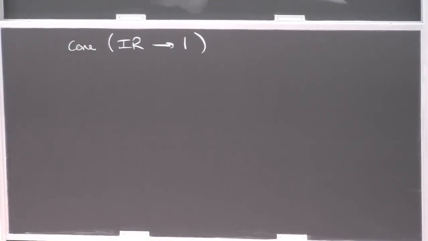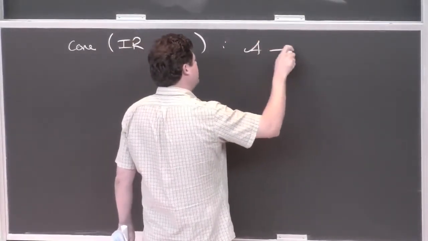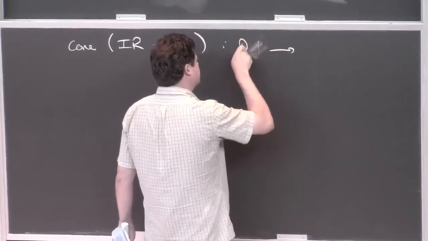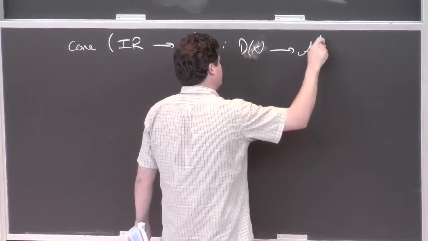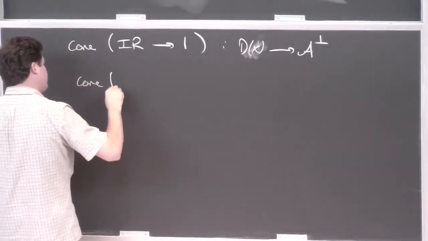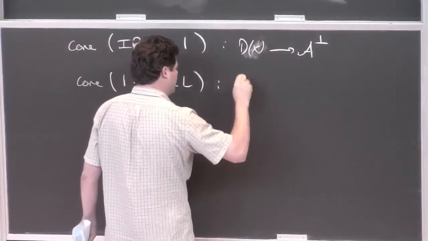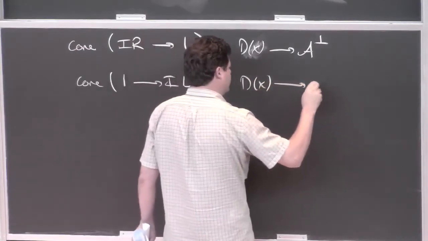It's obvious that it's well defined on every object, but it's not so obvious that a map between objects gives you a map. That's something special. But I claim it is a functor. And this projects from D of X into A perp. And similarly, cone of 1 to IL goes from D of X into perp A.